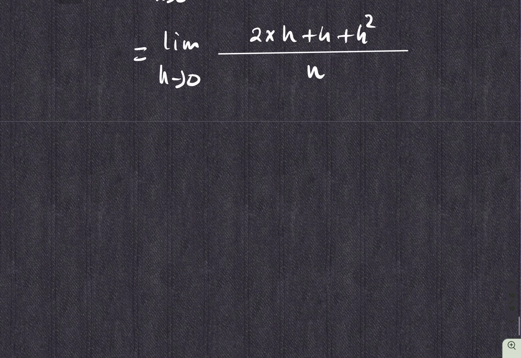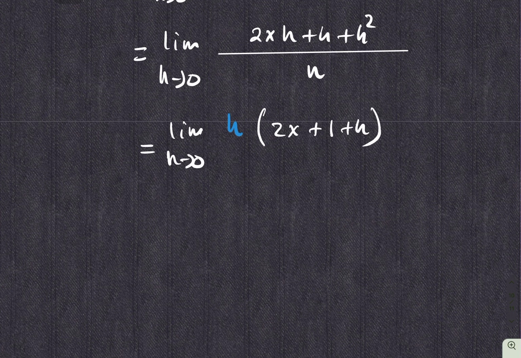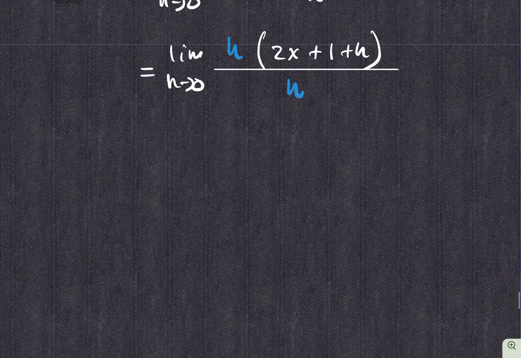All right. Let's see if you can do it further. Let's try to take out the common factor in the numerator. That is h. We are left with 2x plus h, all divided by h. So this is the limit as h tends to 0.